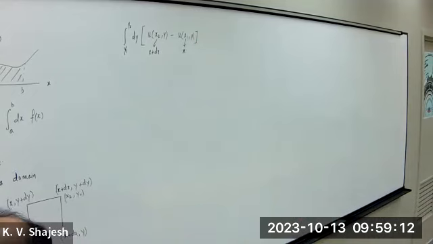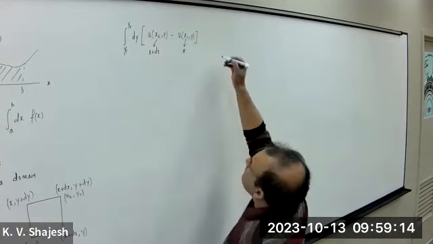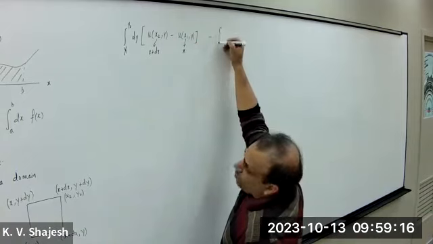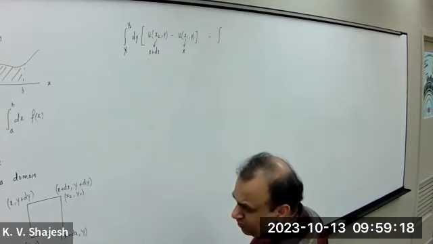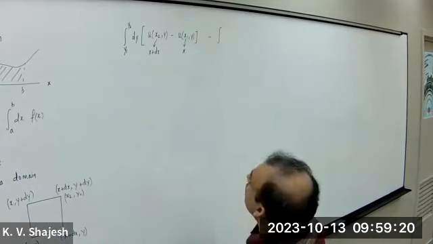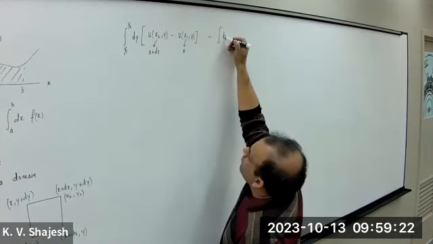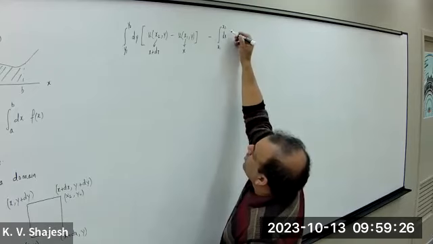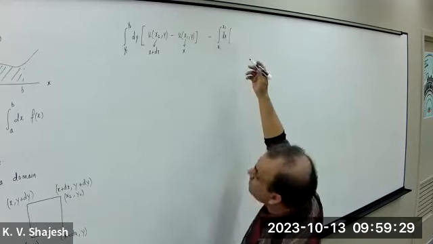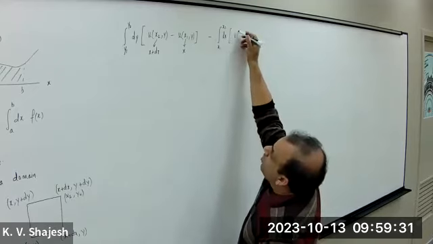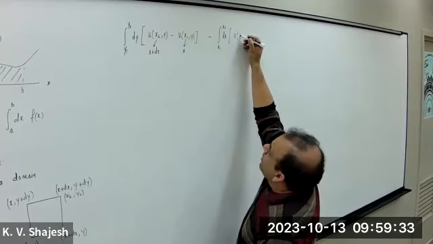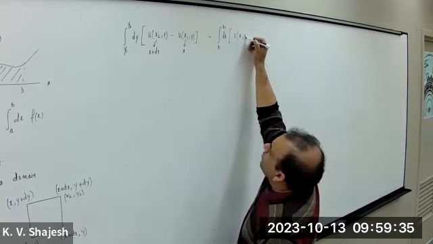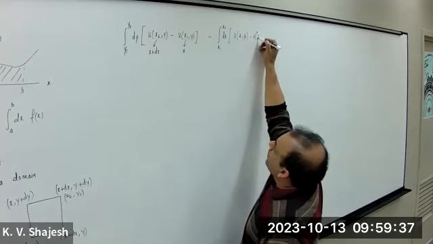Second one is v, so that is minus the integral with respect to y, which can be completed. So what is remaining is an integration with respect to x, from x1 to x2, and I have v this time. So it is v of x and y2 minus v of x comma y.